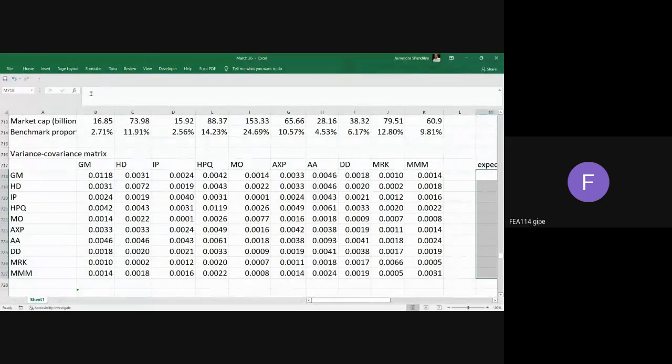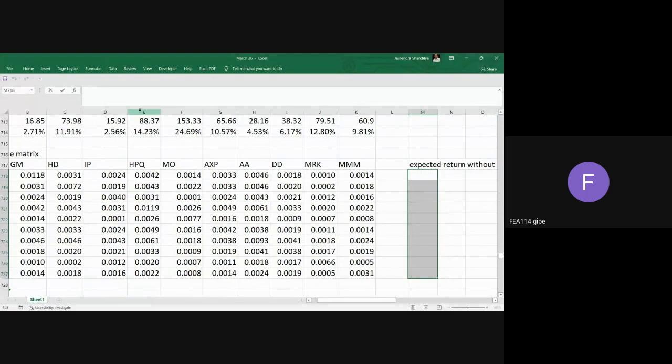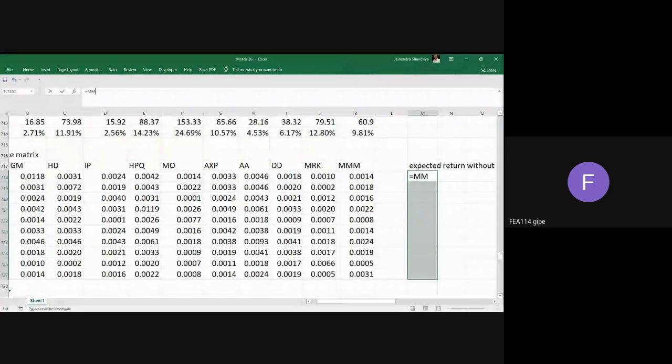And that formula, if you remember, I just showed you, is nothing but matrix multiplication of your variance covariance matrix, which is this GM2, fine.